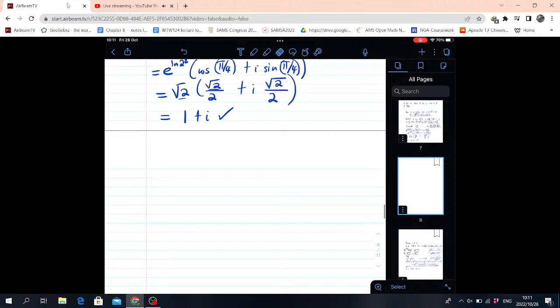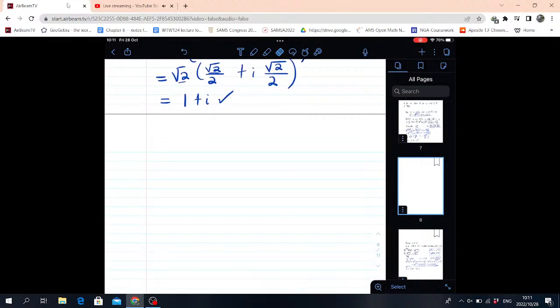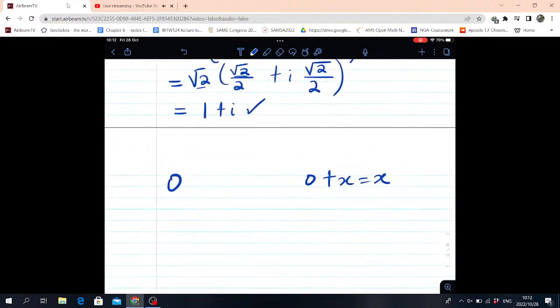Right, so the constants, we've got 0, and we know what 0 does. If you say 0 plus x, we get x, for some real numbers. So this is our additive identity.